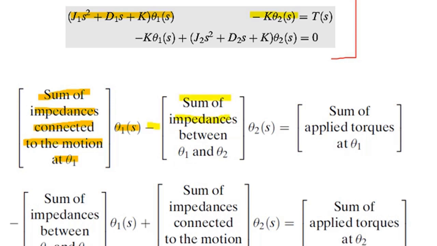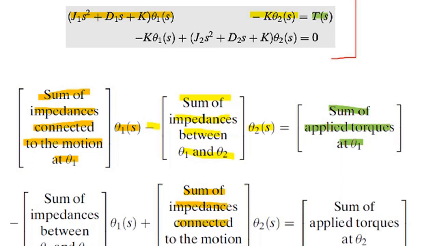The second part of equation includes mechanical impedances of those components which are common between theta 1 and theta 2. So in equation we will have subtracting sum of impedances between theta 1 and theta 2 multiplied by theta 2 of s, and this will be equal to sum of externally applied torque at theta 1, which in this case is equal to T of s.